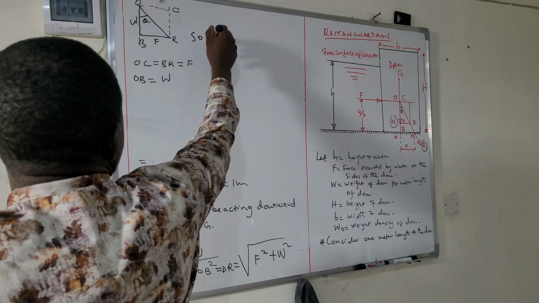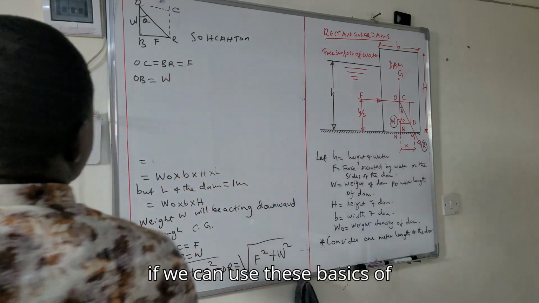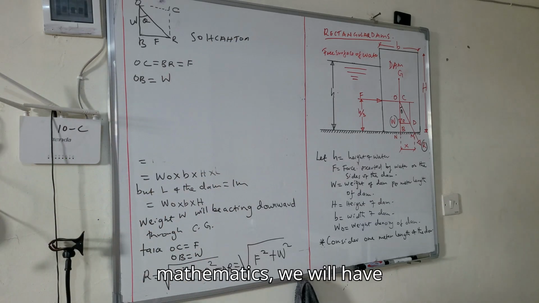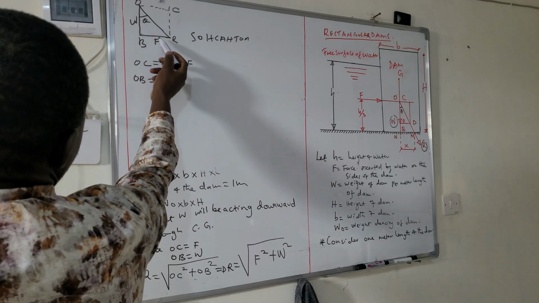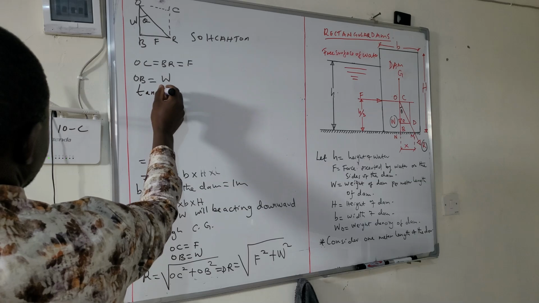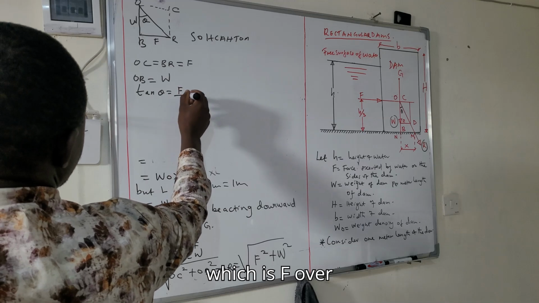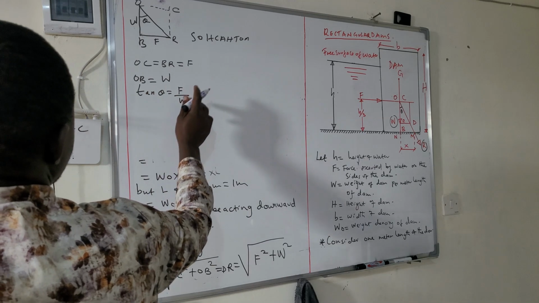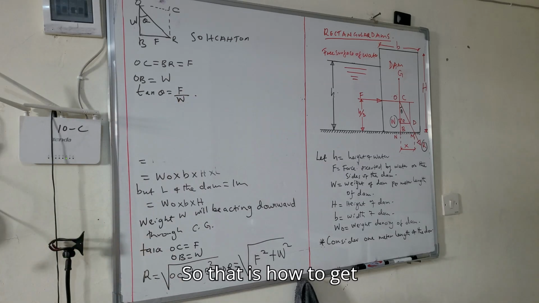If we use these basics of mathematics, we will have our opposite and adjacent. So we'll end up having tan theta is equal to opposite, which is F over W. So that is how to get that angle theta.